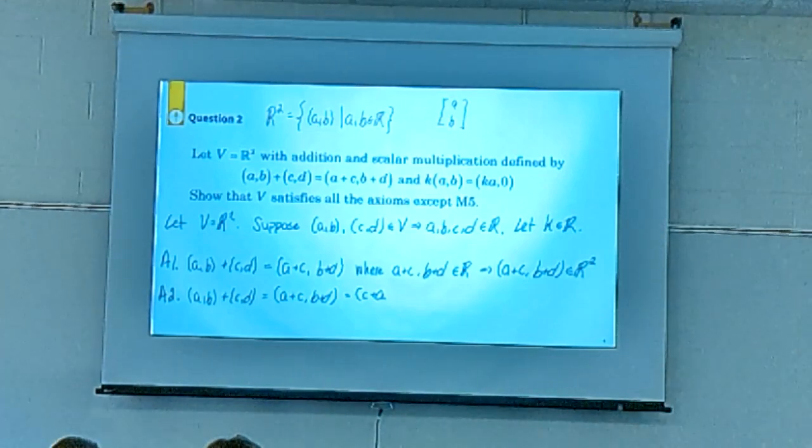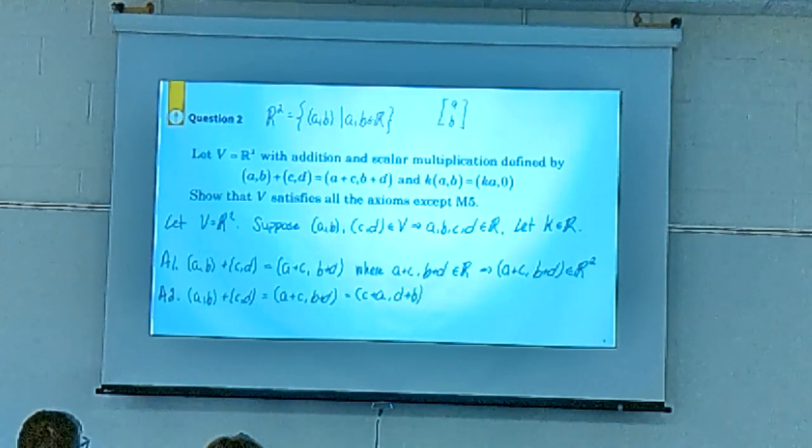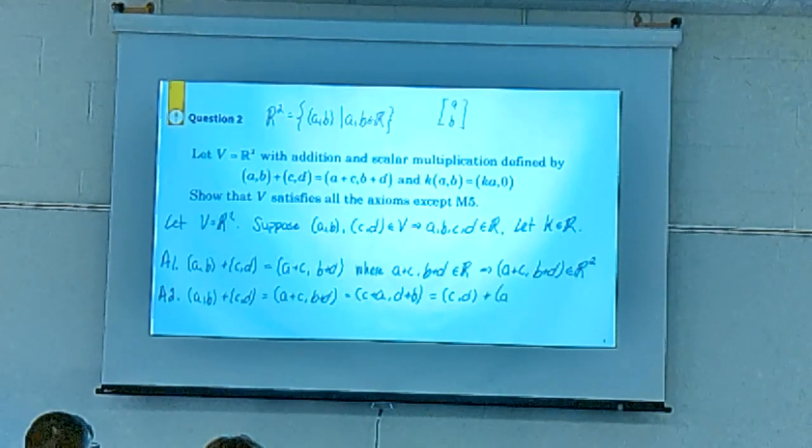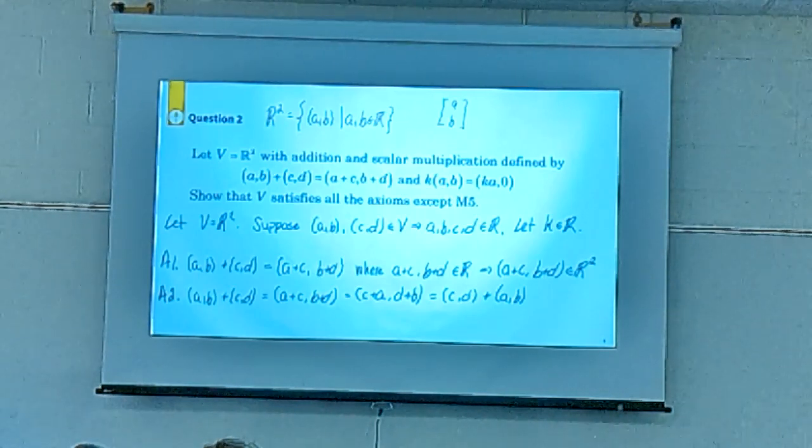That second term, again, b and d, they're just real numbers, aren't they? And addition of real numbers is commutative. So I can write b plus d as just d plus b, can't I? C plus a, comma, d plus b, isn't that the definition of cd plus ab? Commutativity's been satisfied.